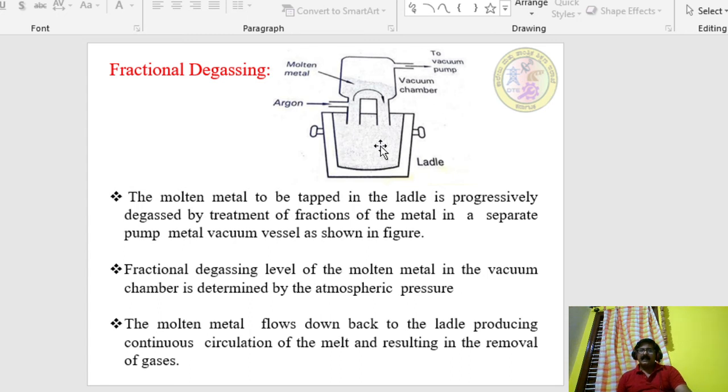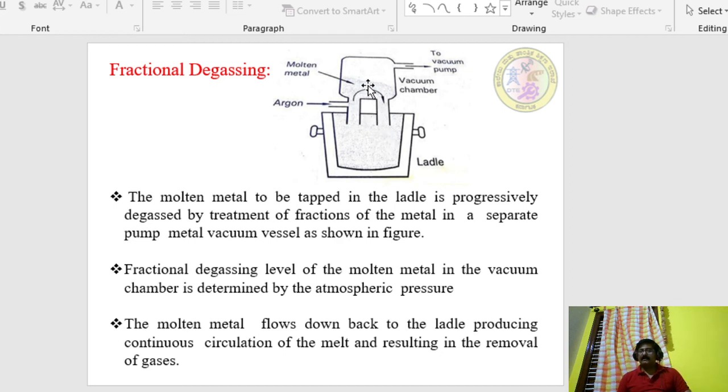Here in the ladle, the molten metal to be treated is progressively degassed by a certain treatment, that is, a fraction of the metal is separated by a pump into a vacuum vessel which is kept at the top of the ladle, and the fractional degassing level of the molten metal in the vacuum chamber is determined by atmospheric pressure.